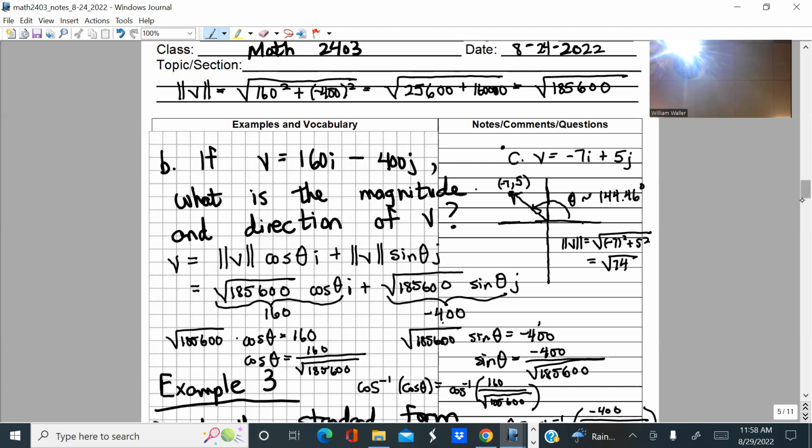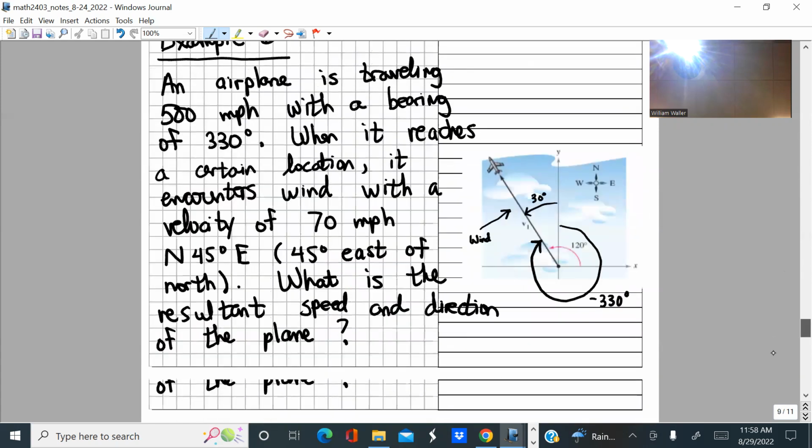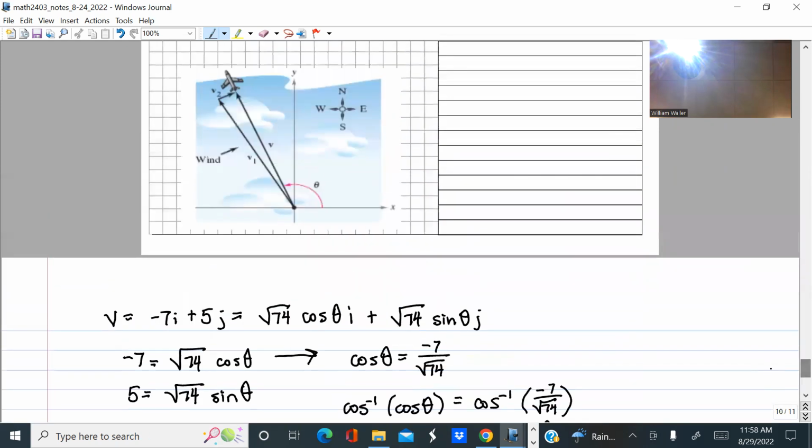So in our standard form here, we can write v as square root of 74 times the cosine of 144.46 degrees, times i, plus, and then same thing with sine, square root of 74 times the sine of 144.46 degrees, times j.